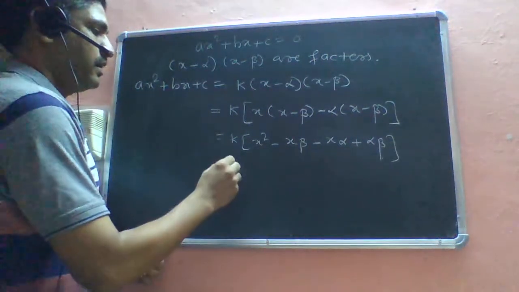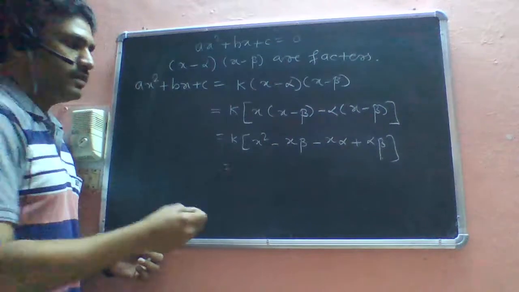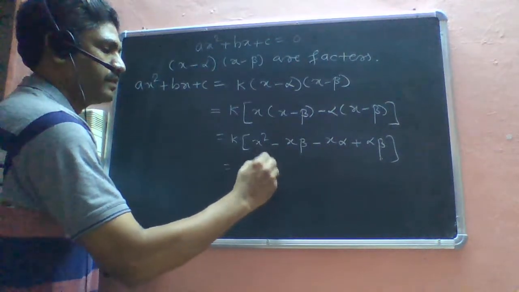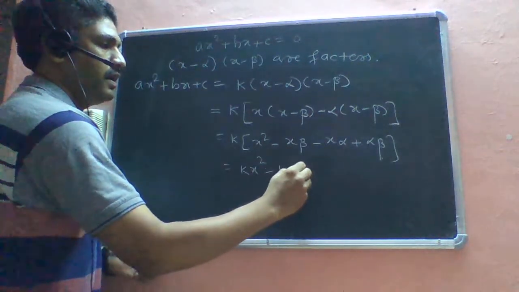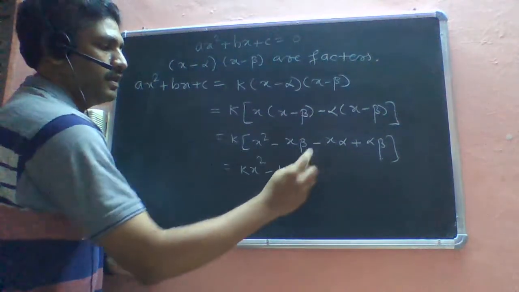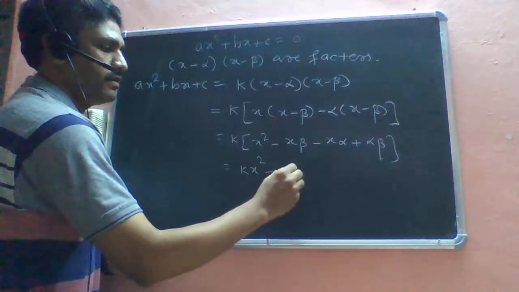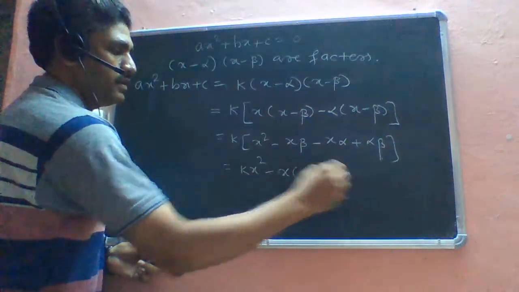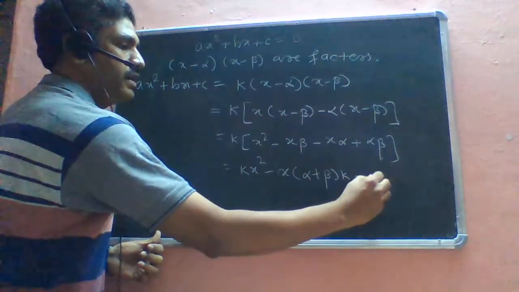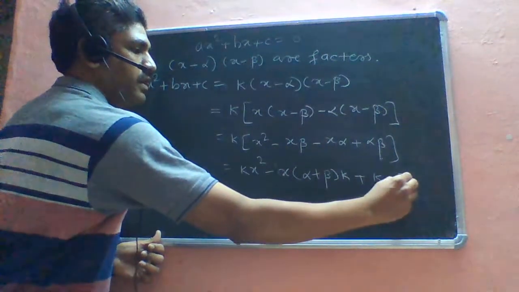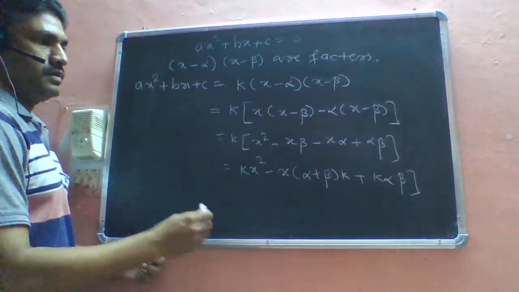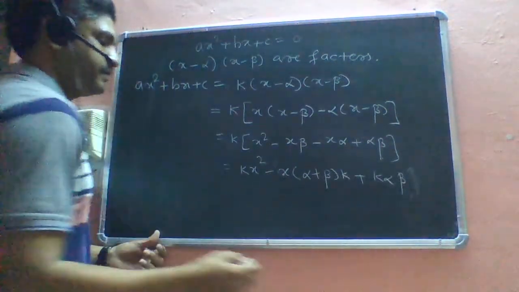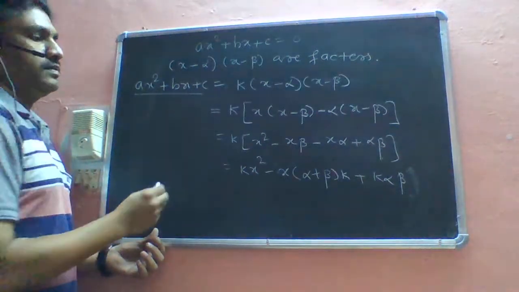Now multiplying by k throughout, you will get kx square minus, what is common here, x can be taken outside, inside you will get alpha plus beta times k, now I have multiplied by k, and here also k alpha beta. Now I came to the last, no need of the bracket. Now I'll compare it with the standard form.